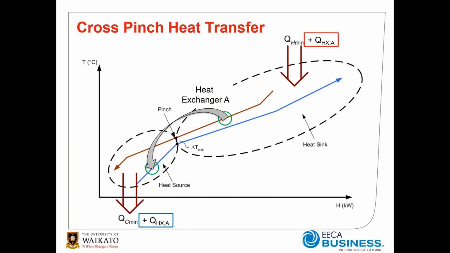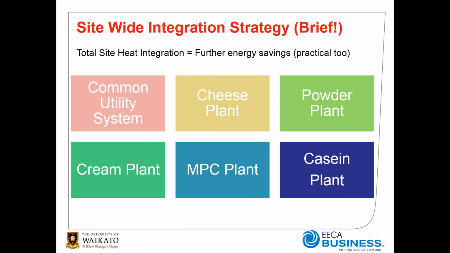But if you consider a large site, here's a dairy factory, and each of these blocks representing different plants on a dairy factory, a cheese plant, a powder plant, MPC plant, cream plant, casein plant. And there's many other plants that you could put on there, such as the milk treatment plant, depending on what site you're at or what particular processes you have on your site.